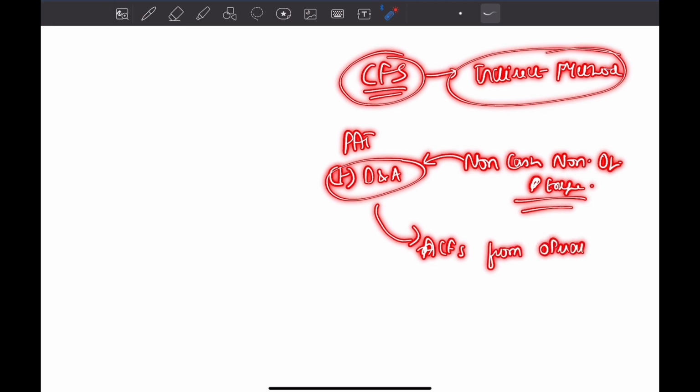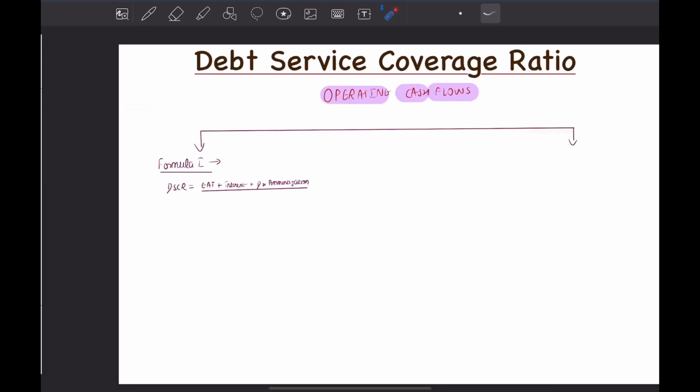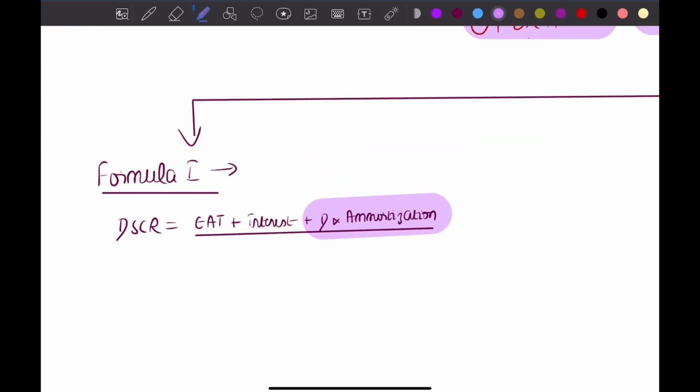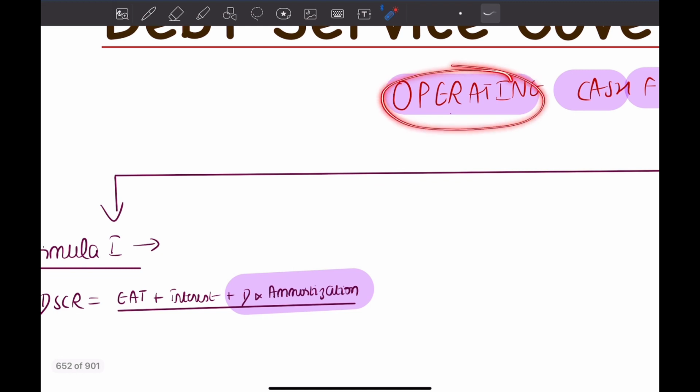So adding back depreciation and amortization expense has a sole purpose, and that is to serve our basic condition for the DSCR, which is operating cash flows.